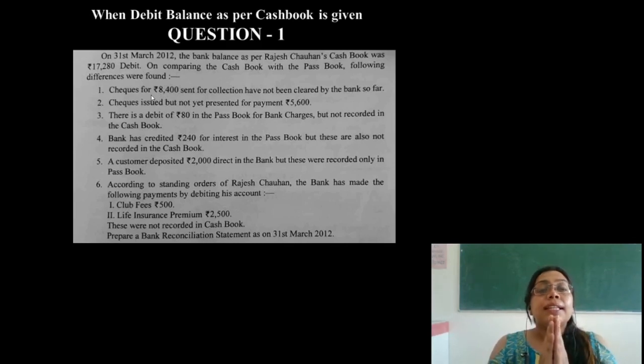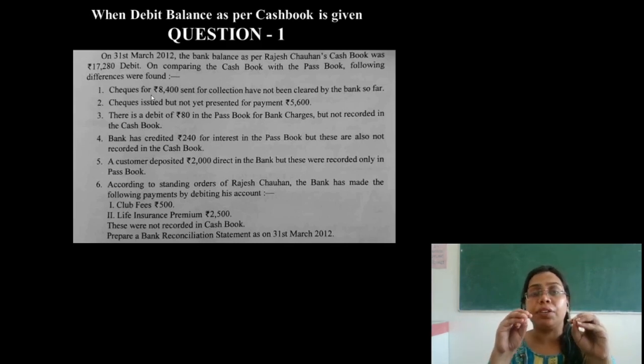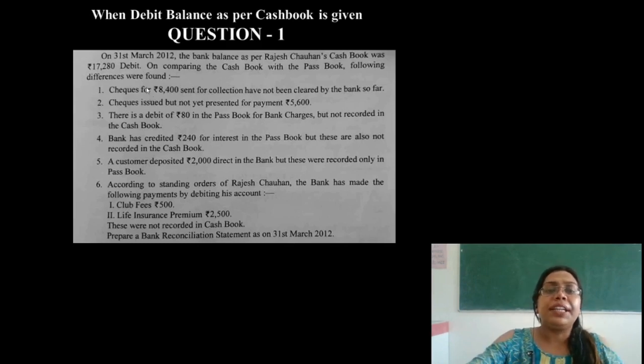This means that I have increased the bank column of my cash book by 8,400, but it has not been increased in the passbook because the bank has not yet cleared the cheque. So in this case, I will deduct this amount in the BRS.